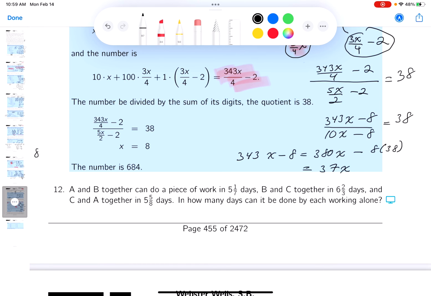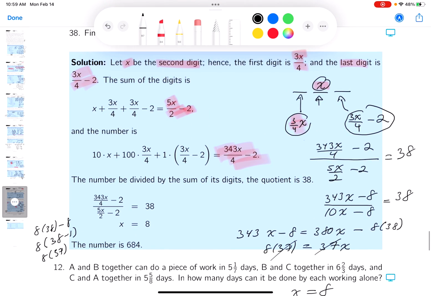It's going to be 8 times 38 minus 8. And I'm going to factor an 8 out. What would you get over there? 38 minus 1. So it's really 8 times 37. You know what? I don't need to multiply that out. 8 times 37. Someone says, why is that? I'm going to divide both sides by 37 now. What do you get? X equals 8.